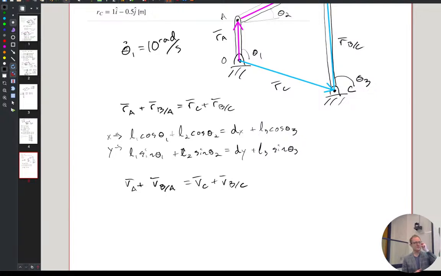Independent of where it's placed. So my question is, the position of C is describing hinge C. How fast is hinge C moving?